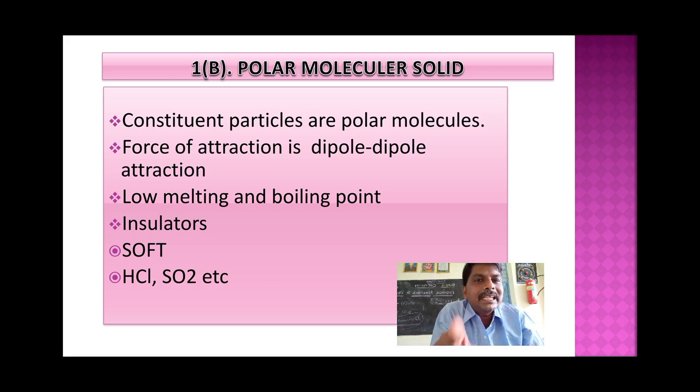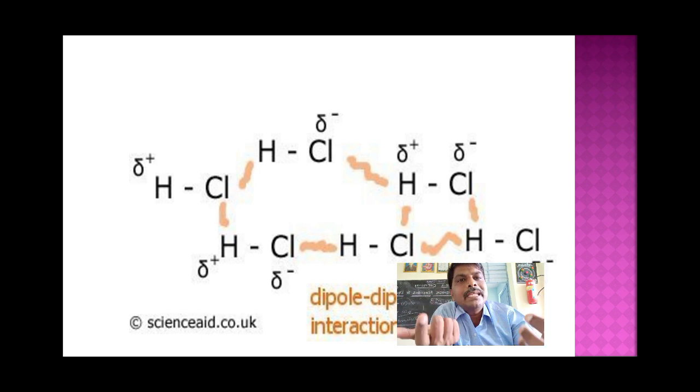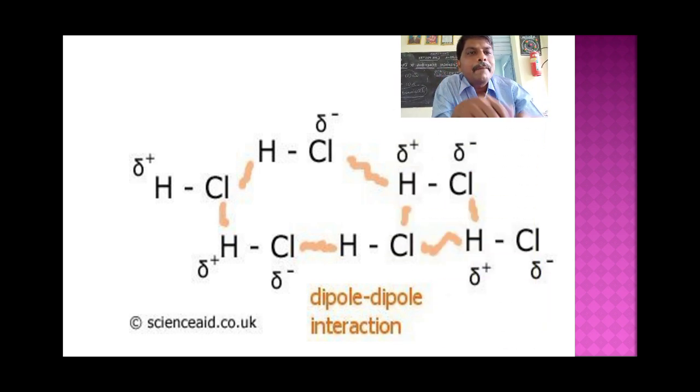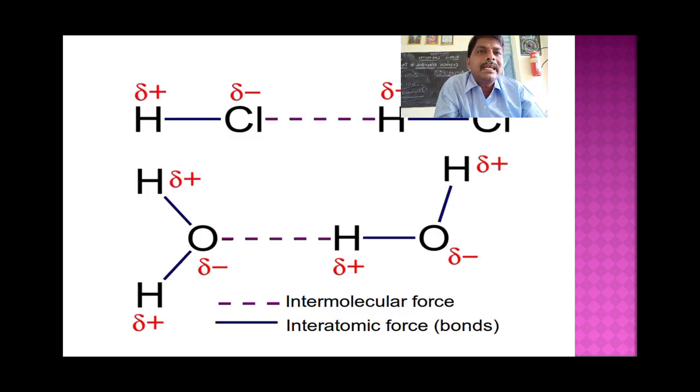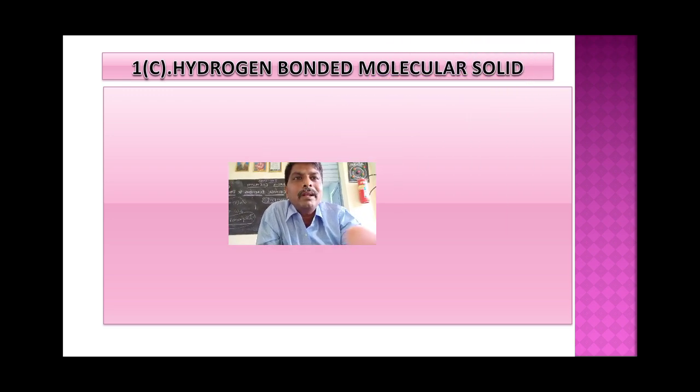So is HCl polar or non-polar? Polar molecule. SO2 is also a polar molecule. So in HCl you can see dipole interaction. You can see here also H plus delta, Cl minus delta, plus delta, minus delta, plus delta, minus delta. These types of forces are called dipole attractions.